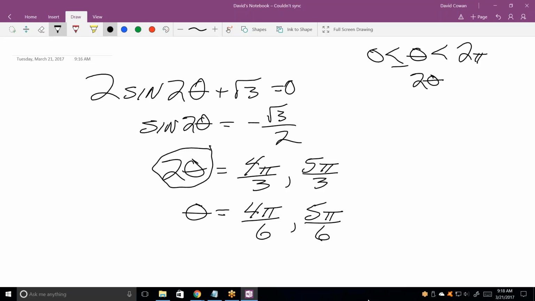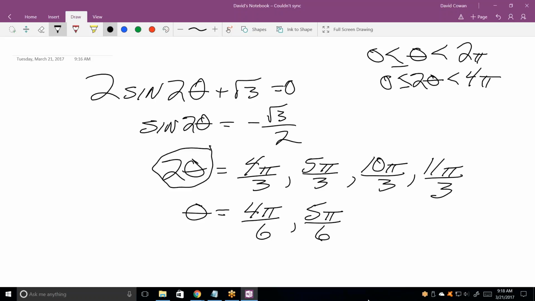So 2 theta is in between 0 and 4 pi. So we have to actually go out to the second unit circle here. And I'm adding, so I get 10 pi over 3 and 11 pi over 3.